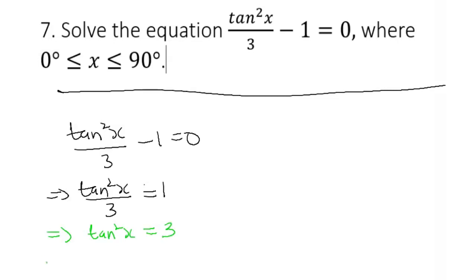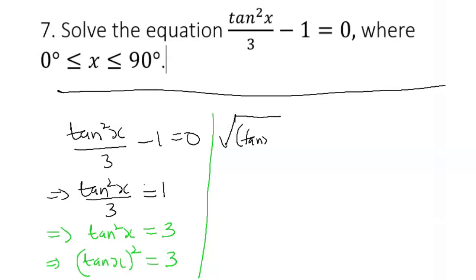Remember, tan squared x is the same as tan x all squared, which is equal to 3. So if we want to find tan x, we need to take the square root on both sides. So the square root of tan x all squared is equal to the square root of 3, which implies that the square root will get rid of the square, leaving tan x equal to root 3.